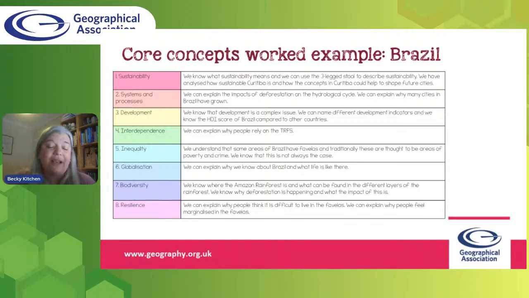And that's enabled them to target each of those concepts within the unit, and also to have a unit that's really, I suppose, coherent and really effective. So this is something that you can do for your existing units. You can take your schemes of work, have a look at your topics, and have a look at the concepts that you've identified that you want to build and develop throughout your curriculum.